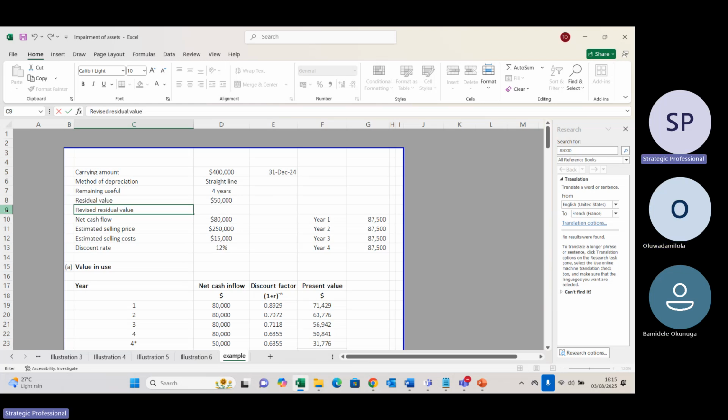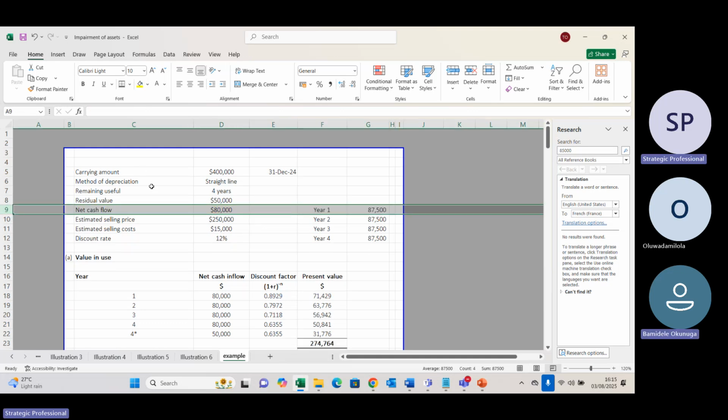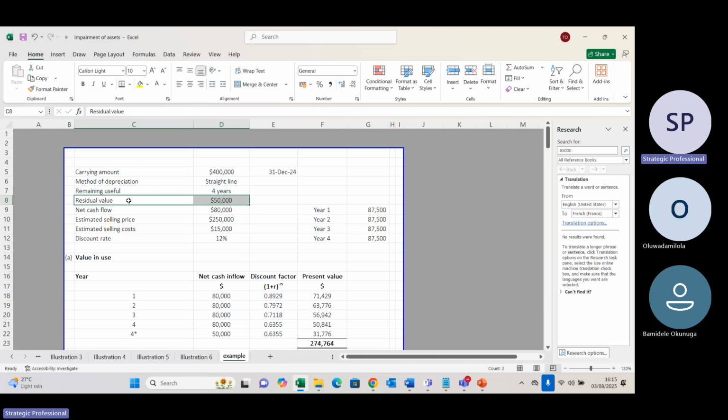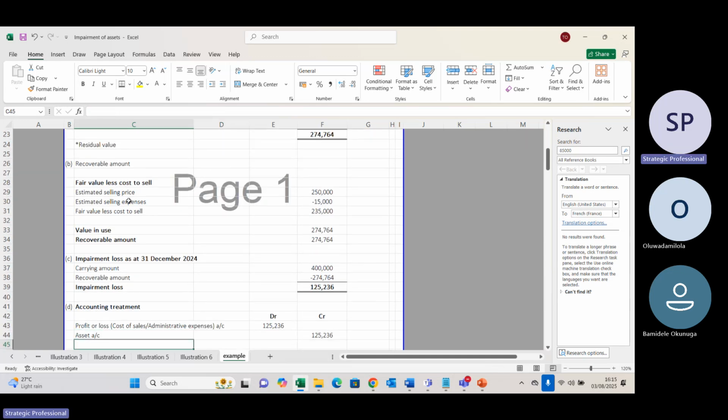The reason they might revise it is because the asset amount has also been revised. When you account for impairment, they have also changed the value of the asset. So the company can say, in future, I'm not sure we would make 50,000 if we sell this asset. We might make 40,000. If you have this in a question, this is what you're going to do. But where this does not exist, it is what you have already in the question.